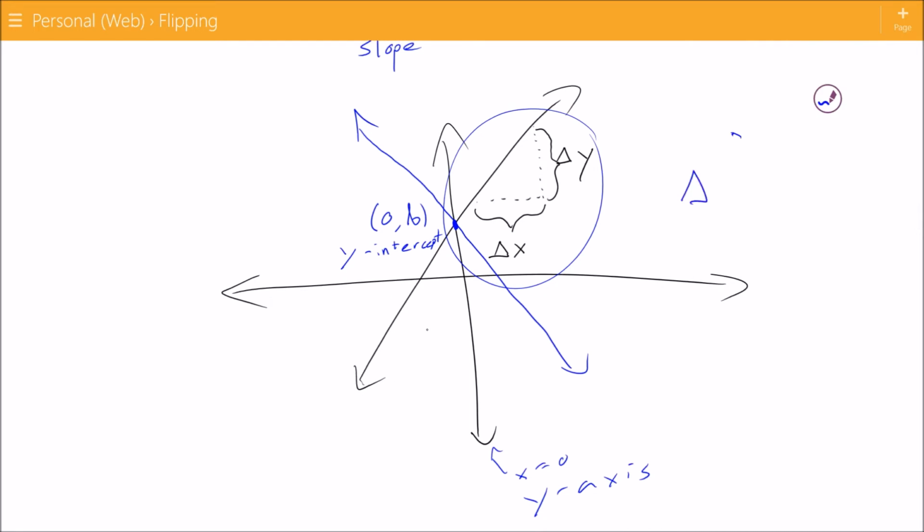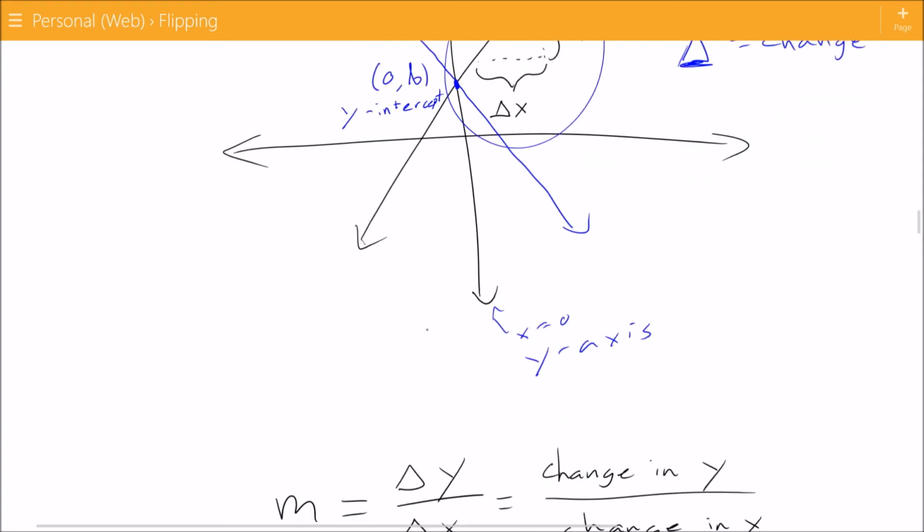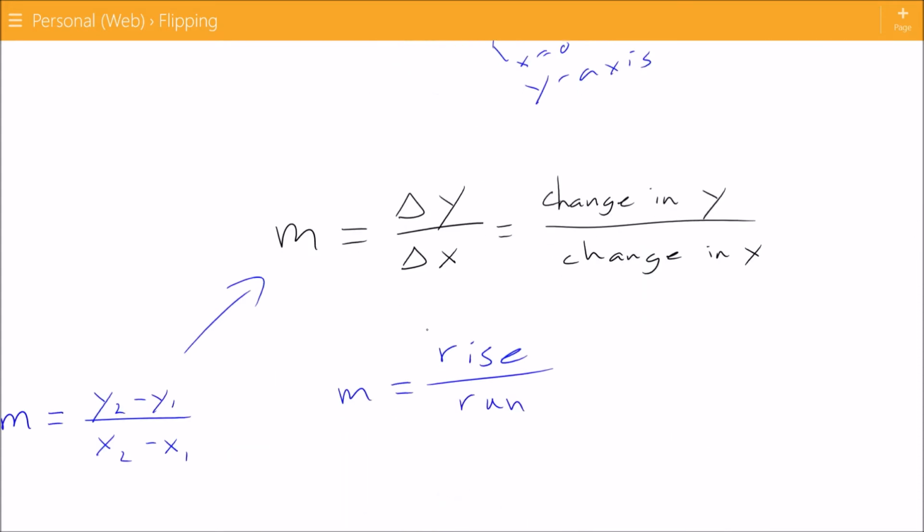And delta is really just a Greek letter that represents change. So when you see delta, what this really means is the change in x and the change in y. And for linear equations, those are locked in a ratio. There is a ratio of change in y to change in x, and that's what the slope is.